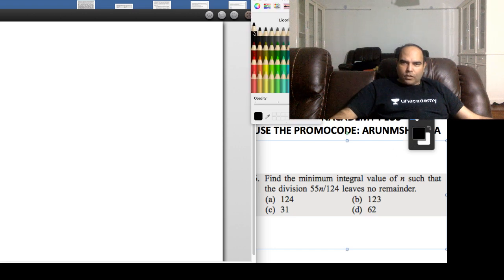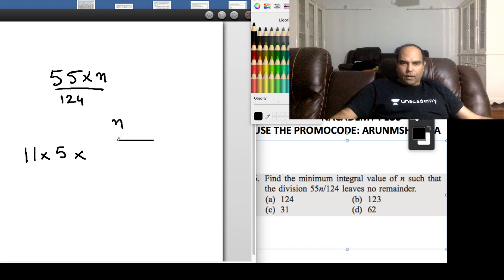So that is the logic that you have to apply in this question. When you apply that logic, if you're talking about a number like 55 into n, and you want it to be divisible by 124, 55 is 11 into 5, and n is whatever it will be. You'll have to write the prime factors of n here.